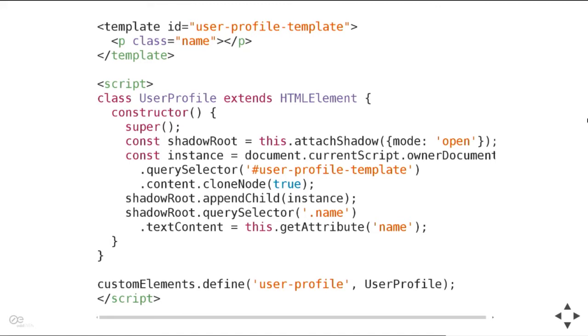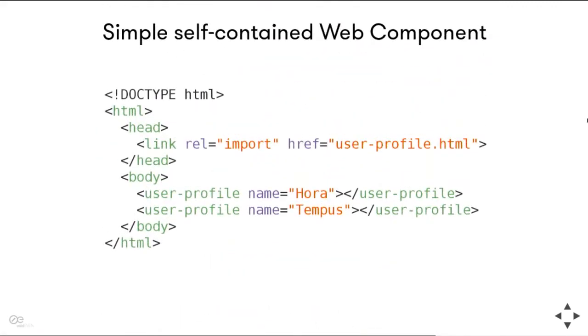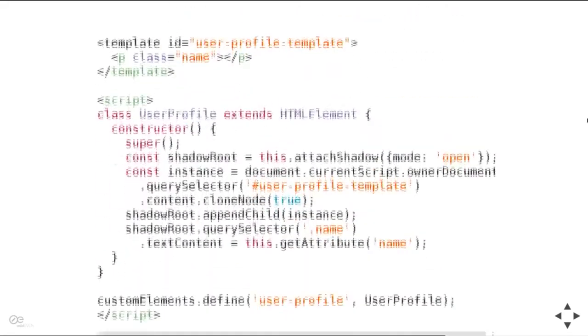And in the code, we create a shadow DOM, and then we use the attribute that was set outside, the name attribute, and put the value of the name attribute inside of our paragraph with the class name, right? So that's the whole logic of this code snippet. And below, we register the custom element, right? It's just a simple example to see how we can pass input to such a component, right?